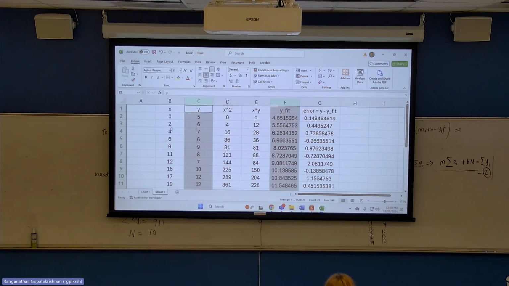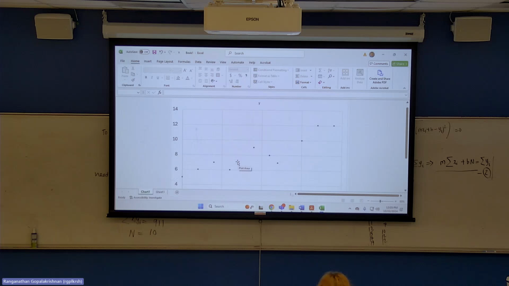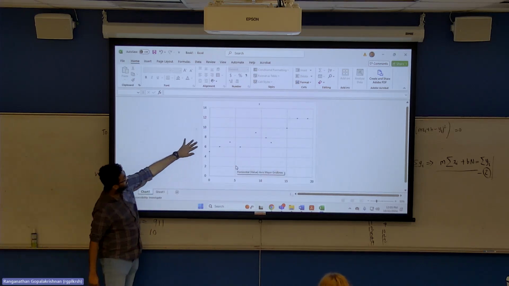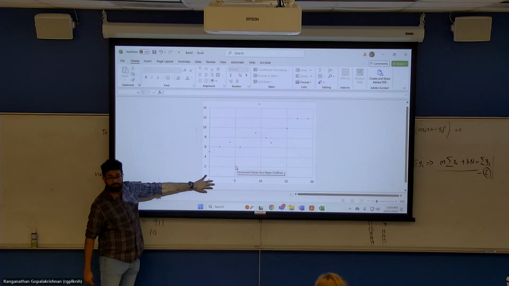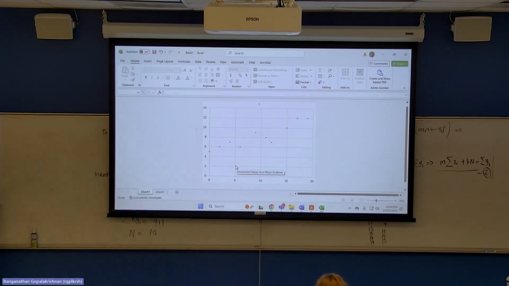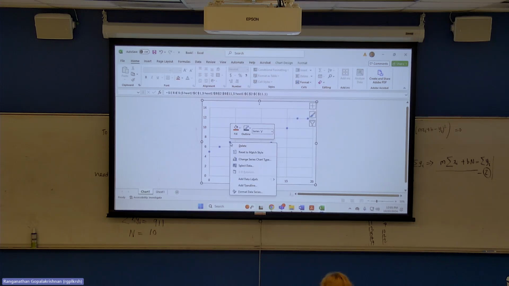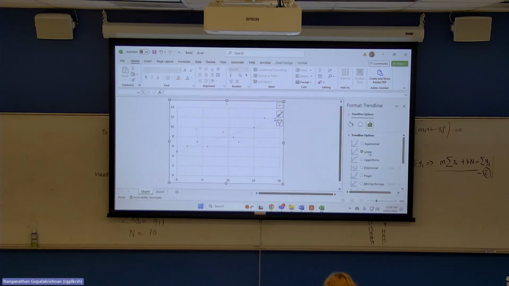Okay. So let's go and plot our data. Here is a plot of the original data, Y and X. To this, I want to add my fit line. I can do it two ways. In Excel, I can just select and say add a trend line, and my trend is linear.